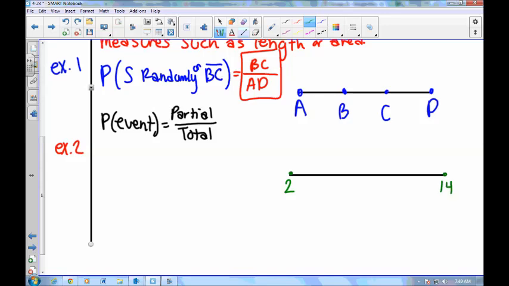And we're going to be counting by 2s: 2, 4, 6, 8, 10, 12, 14. We're given that we have a point S on 2, point Q on 5, point R on 8, and 14 is T.